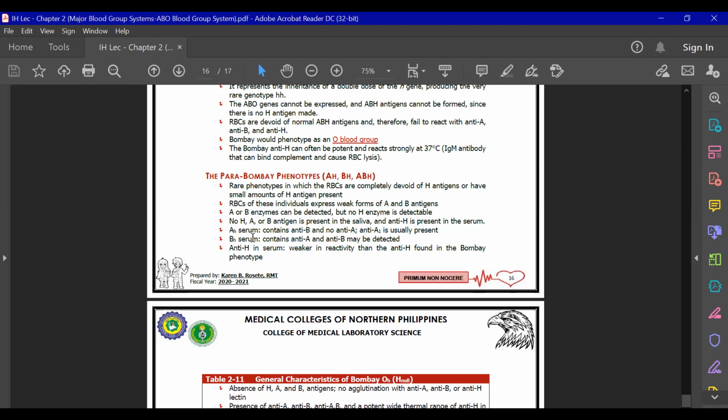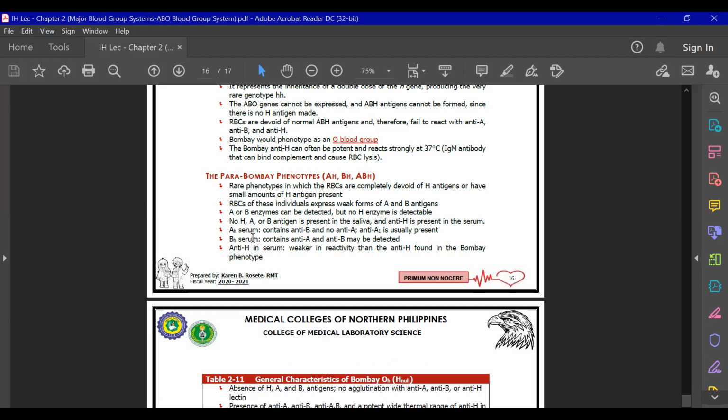Very small amount only of your antigens is present on the red cells. Kaya possible na nag-create siya ng anti-B on the serum or plasma. Okay? Because ang reason lang dyan is because of the very weak expression of your B antigens on the red cells. Okay? Kaya may possibility na may anti-B.